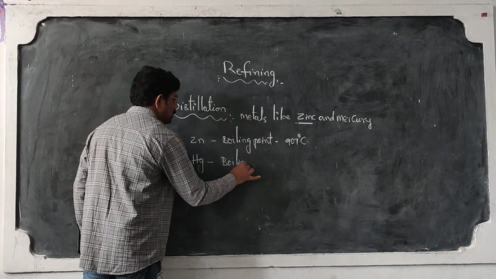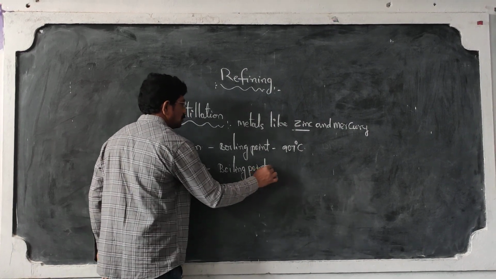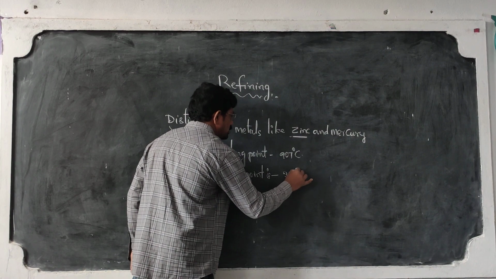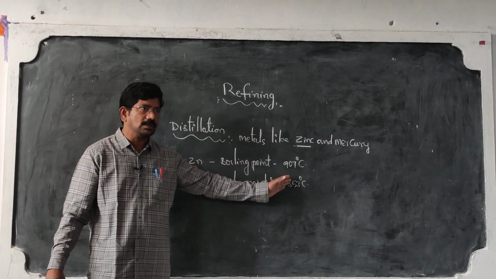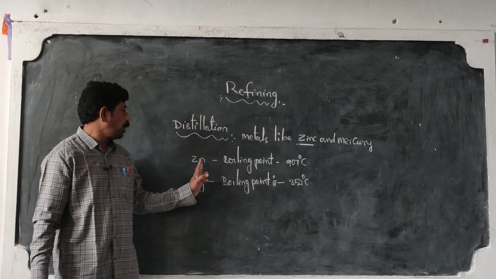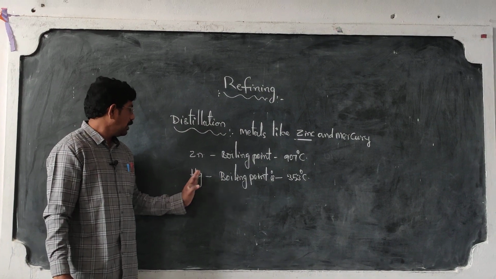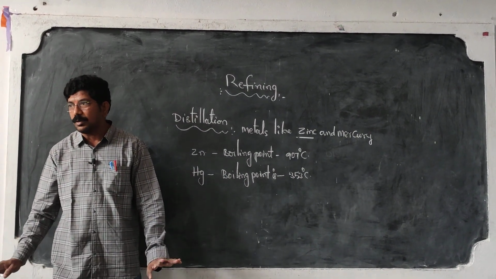Boiling point is roughly 353 degrees. I am writing the nearest values, not the exact values. The boiling point of zinc is 907 degrees centigrade, and the boiling point of mercury is 353 degrees centigrade. Are you clear about that one?